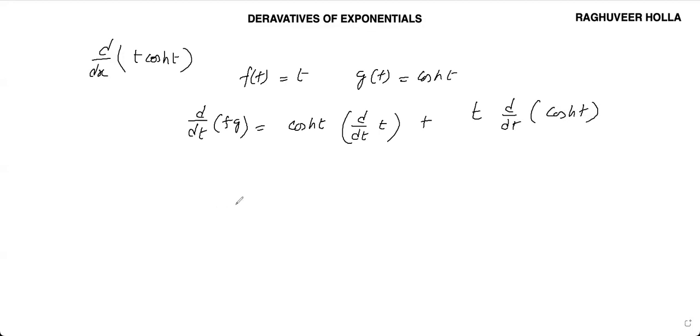So here, differentiation of t is 1. So we get cos ht, right? And this is t. Differentiation of cos ht will be sine ht.